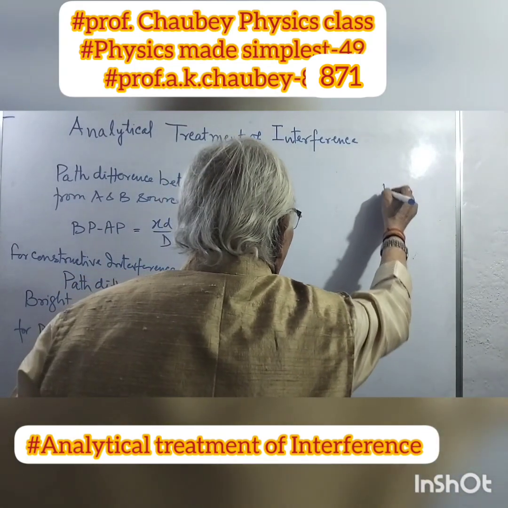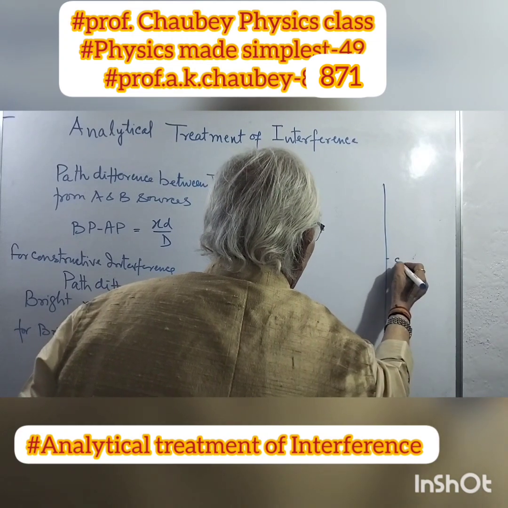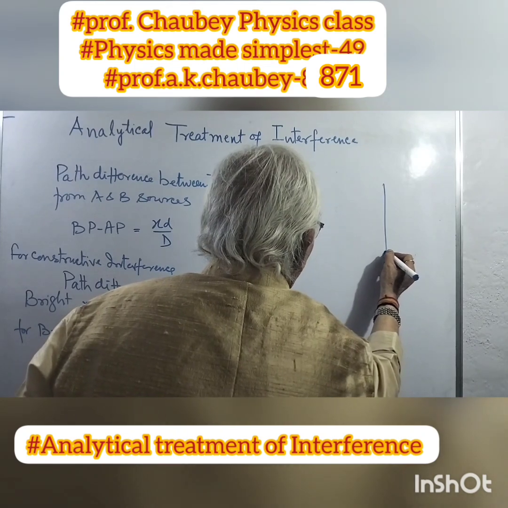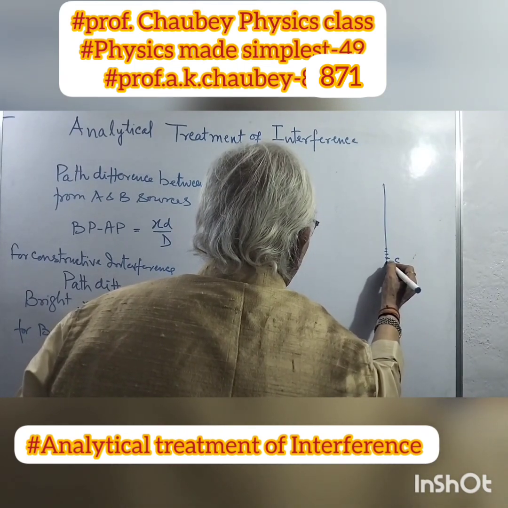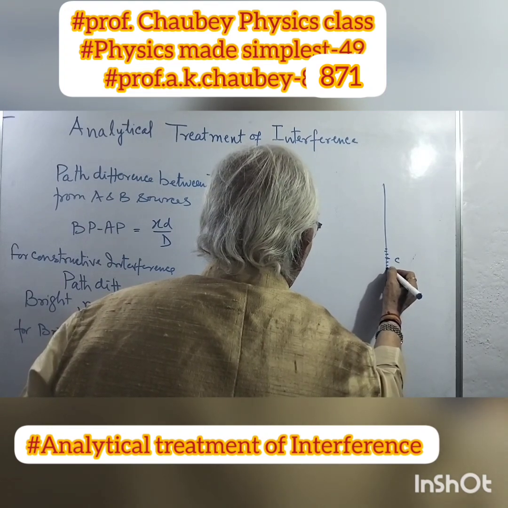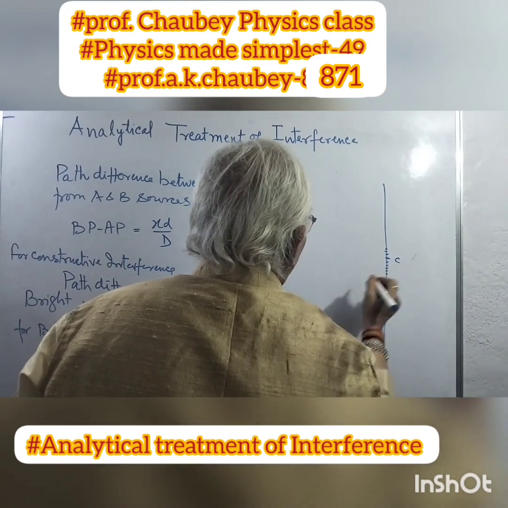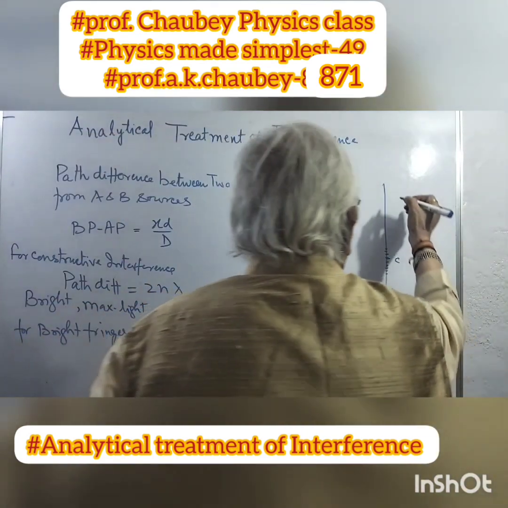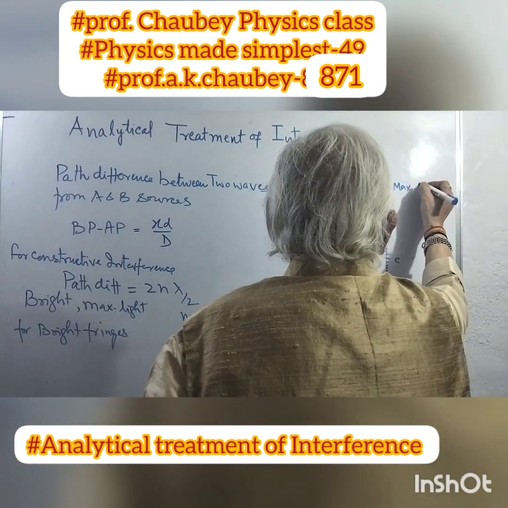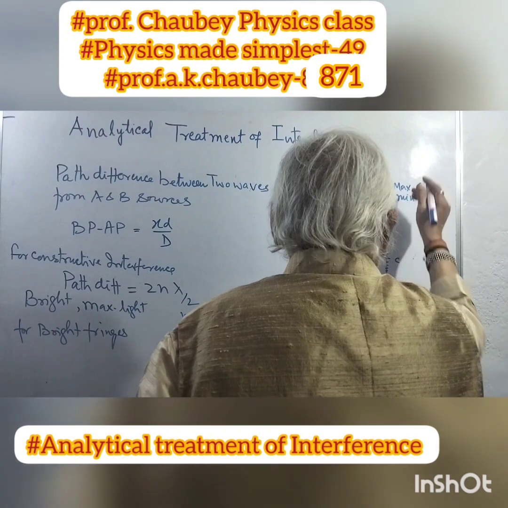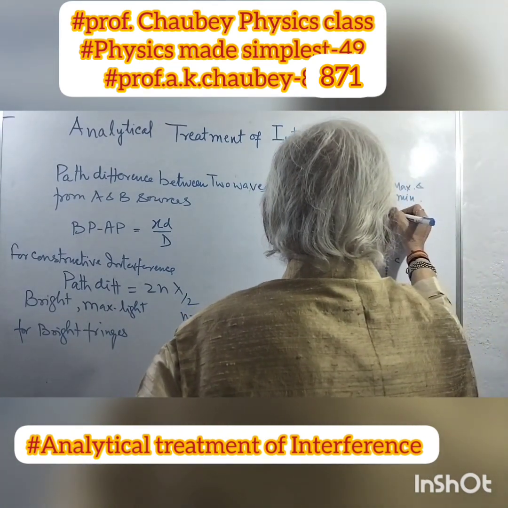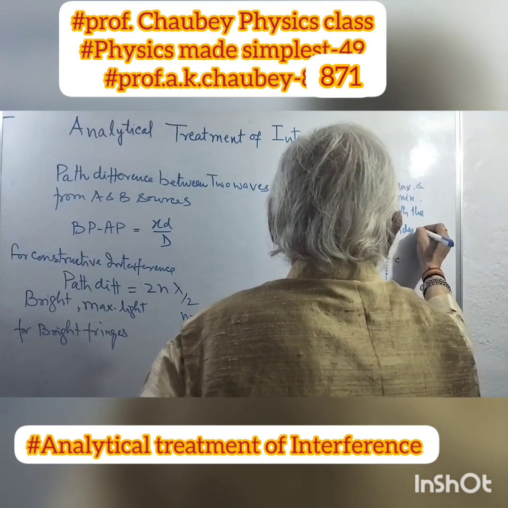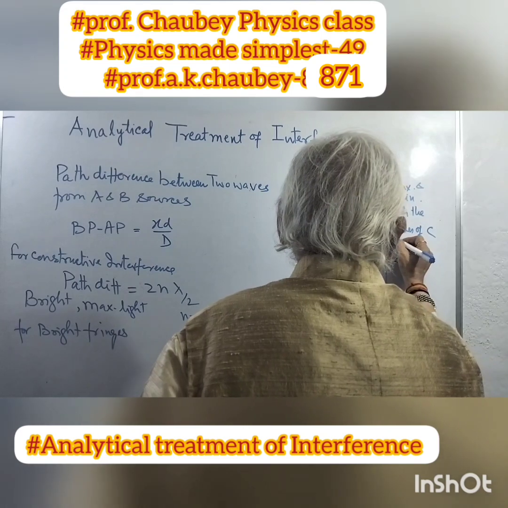This was the screen, and this was the central point, C. So maxima here, then dark, and then again maxima, on both sides. Alternately maxima and minima are there on both sides of C, the central maxima.